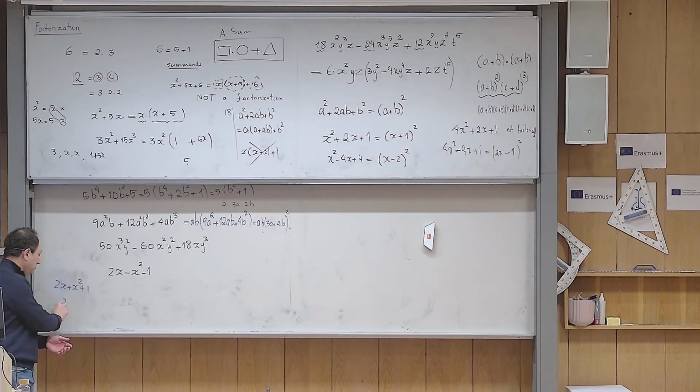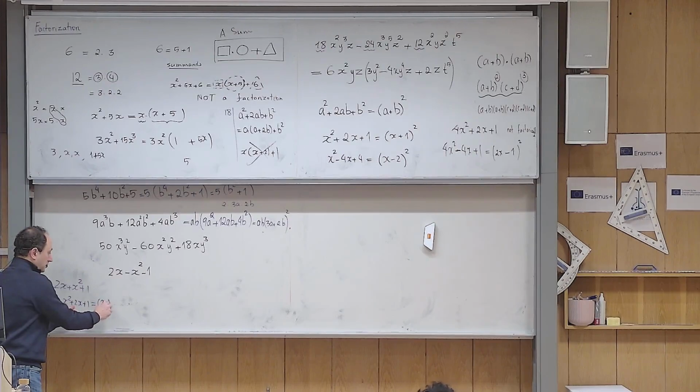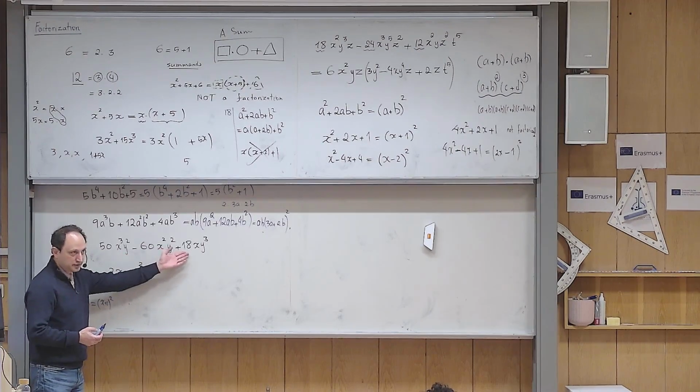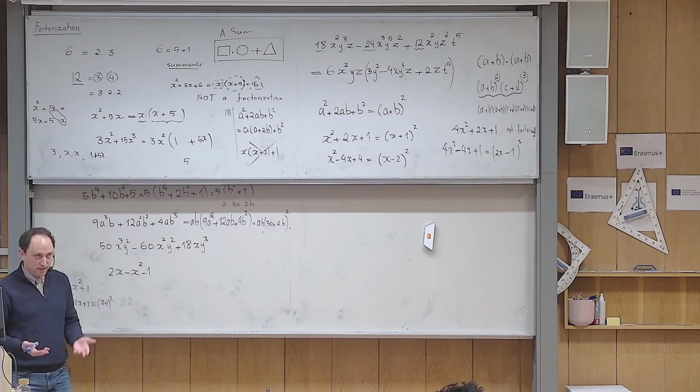So it becomes x squared plus 2x plus 1. I can give you this in the exam, but it shouldn't be hard for you to understand this one and that one are equal. And what is the answer to this one? X plus 1 to the power of 2. Okay? So be careful. Usually I put them in order, but order is not a necessity.